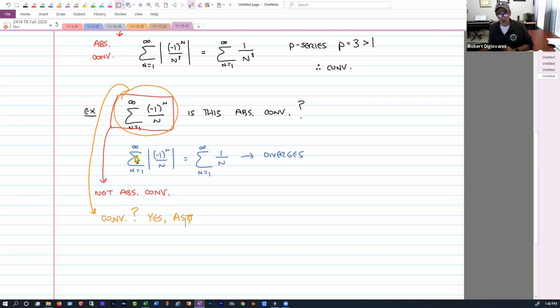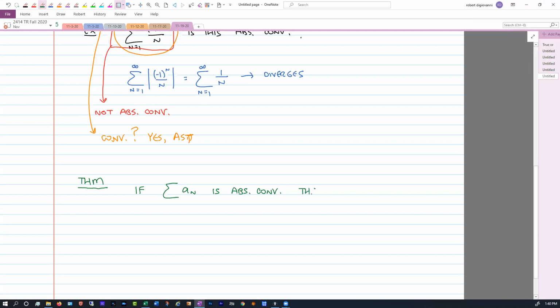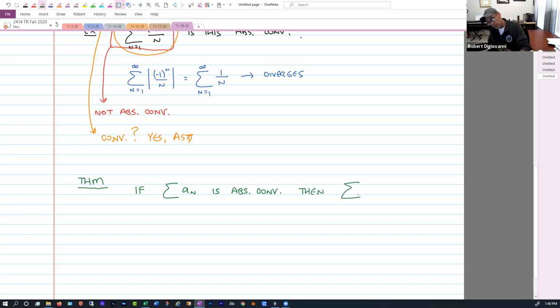Now, we do have a theorem that might help us here. Theorems can sometimes save our brains a little bit. The theorem says, if you have a series, if that series is absolutely convergent, then the series itself is convergent.